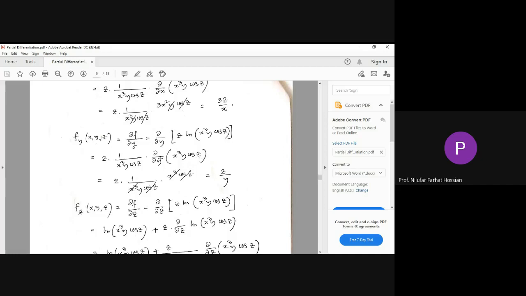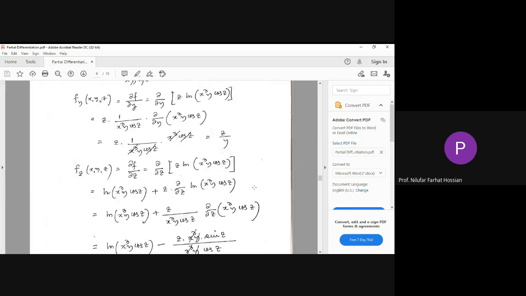So del y of y, it is only 1. That means after performing this partial differentiation, it will be simply x cube into cos z, because del y of y is 1. So this x cube and x cube cancel, cos z cancel, the result is z over y.